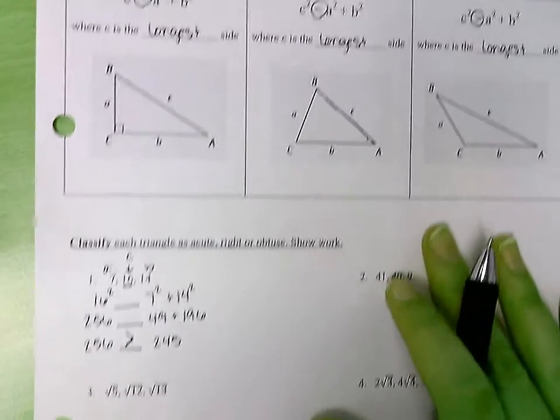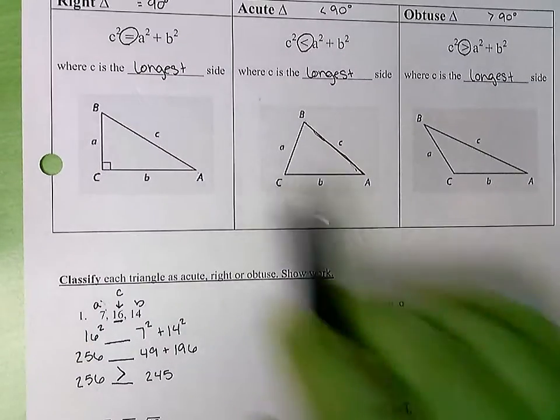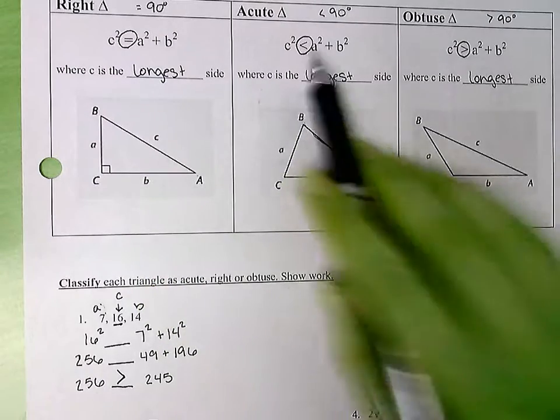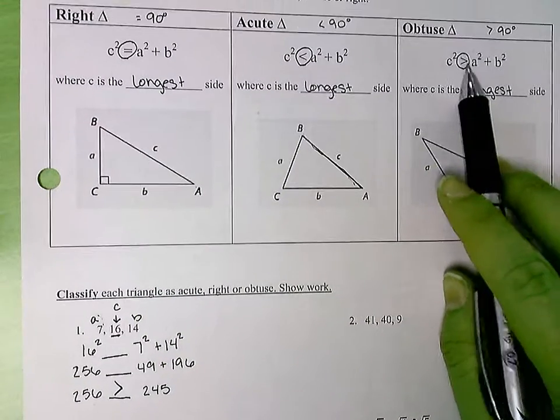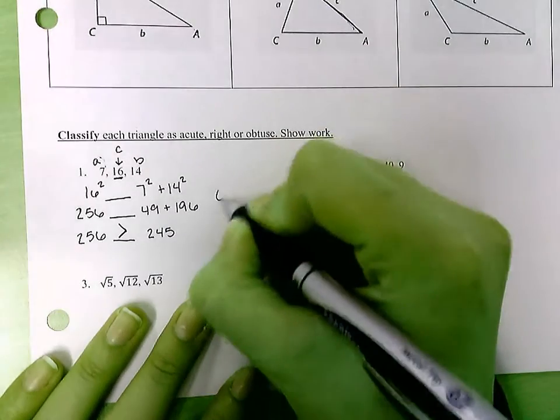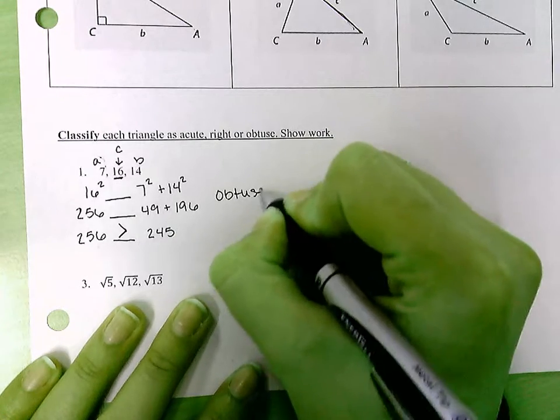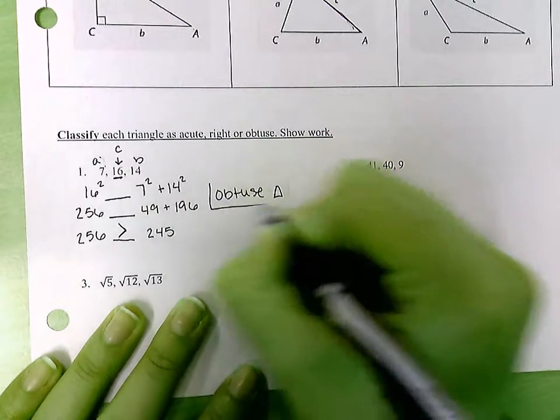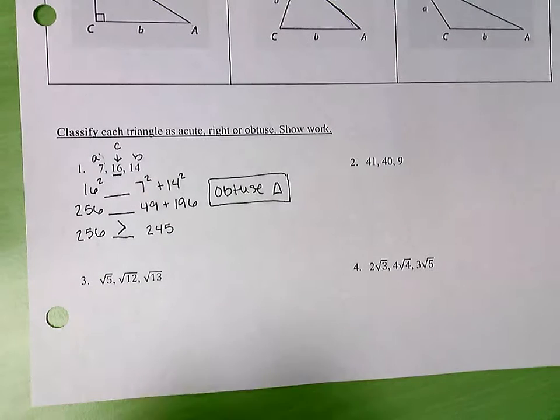Looking back up at my chart here, it's not equal, not less than, but it is greater than. So this is an obtuse triangle. I'll write that this is an obtuse. My triangle looks a little weird, but it is an obtuse triangle.